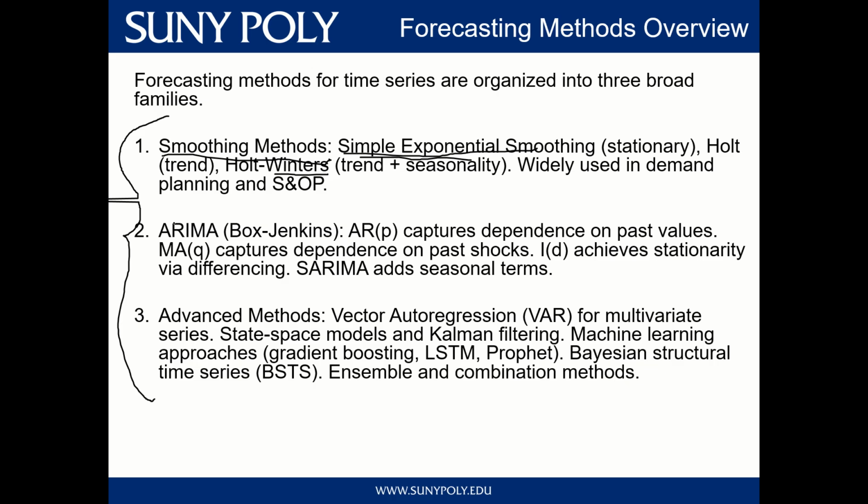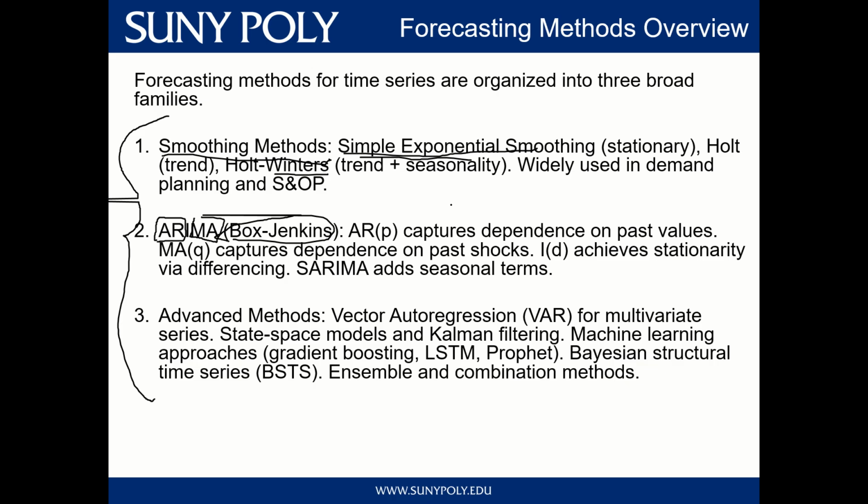Then the second group of methodologies will be ARIMA, or Box-Jenkins. That's how we call them, Box-Jenkins methodologies. Here we have different models. We have AR, which is autoregressive models. We have MA, moving average. We have ARMA, ARIMA, and SARIMA. They are methods that use the structure of the time series to make predictions of future values.